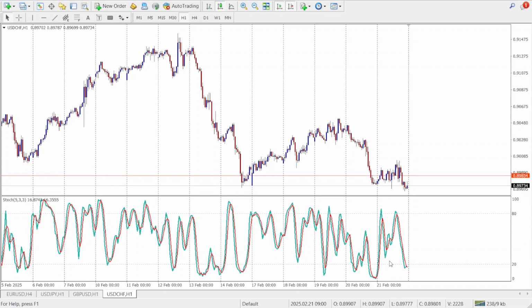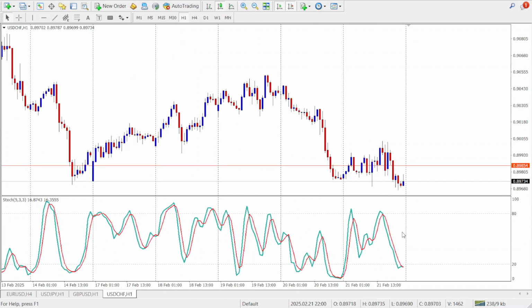In simple terms, it measures the momentum of an asset by comparing its current price to a range of its prices over a specific period of time. Now, what makes the stochastic unique is that it works by telling us when an asset is potentially overbought or oversold, as we can see here, which can be a sign that a reversal is coming.